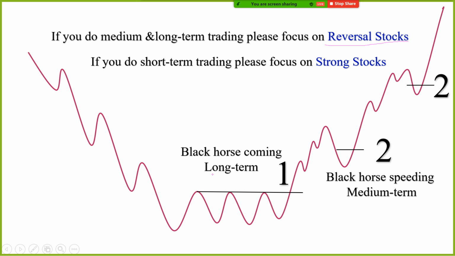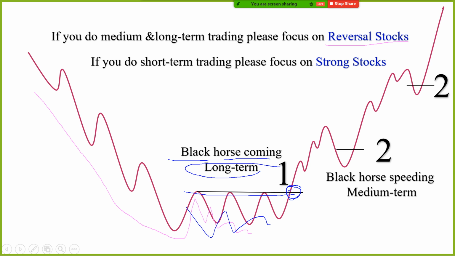Okay, so what is a reversal? Like the chart: all the way dropping down for the long term, and all the way sideways in the sideways area, and finally it breaks out of the consolidation. Then we know that it's a long-term reversal point. We call it a black horse coming for long-term reversal.